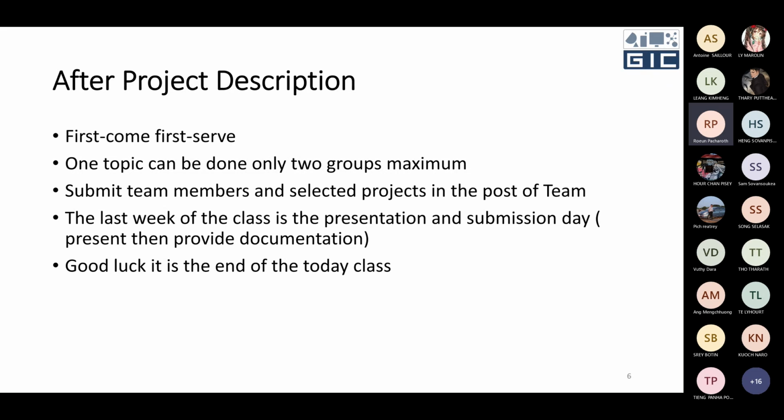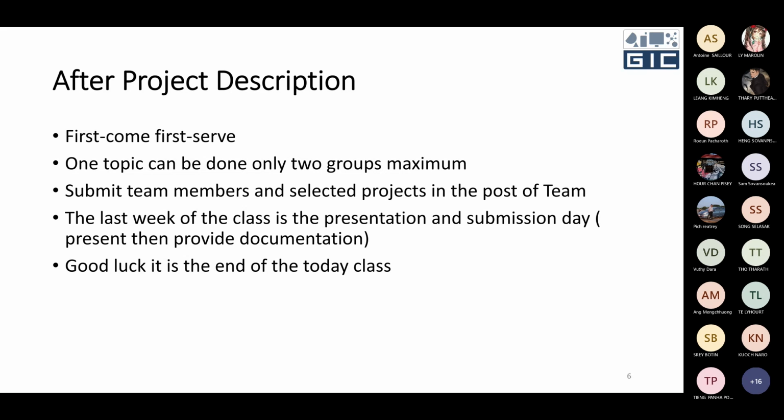They can. But I hope that the way they present the project is different. And sometimes it's a bit unfair, like if one group gets better detail after getting the information from the first group.